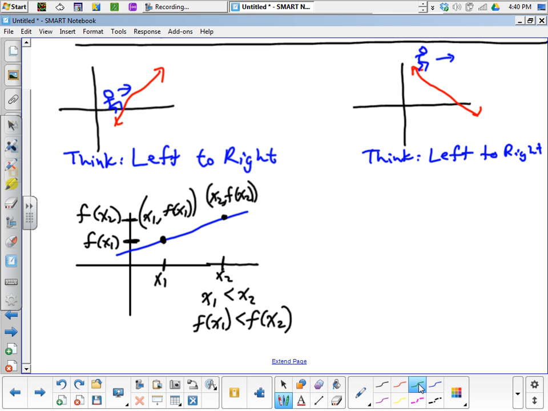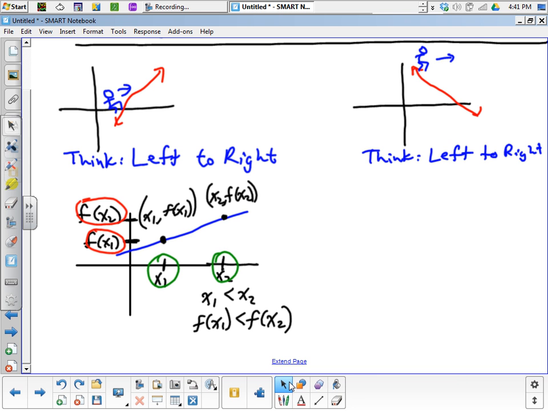So in the x sense, we have first number and then second number. So x1 is less than x2, see how it's to the left of it? And then in the y direction, we have the same idea. F of x1 is below f of x2, meaning it's less than. Okay, so this is the official definition of increasing.